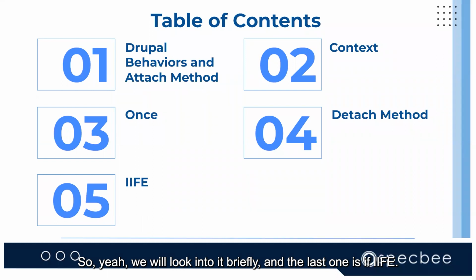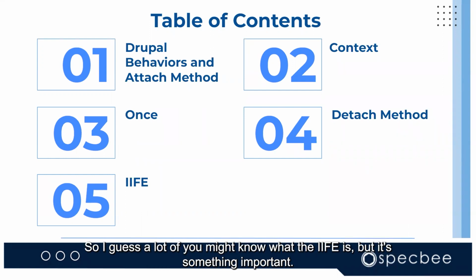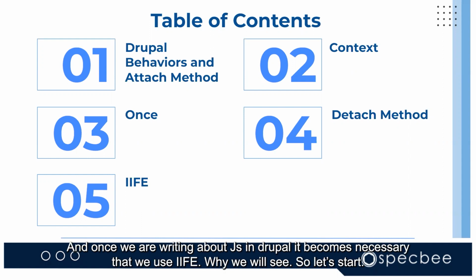So yes, we will dwell into it briefly. And the last one is IIFE. I guess a lot of you might know what IIFE is, but it's something important. Once we are writing our JS in Drupal, it becomes necessary that we use IIFE. Why? We will see. So let's start off.